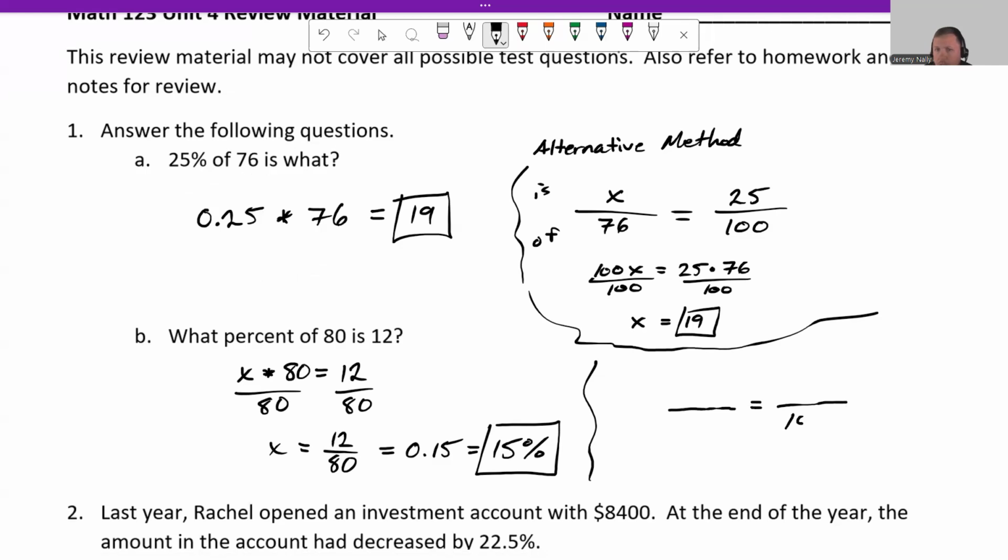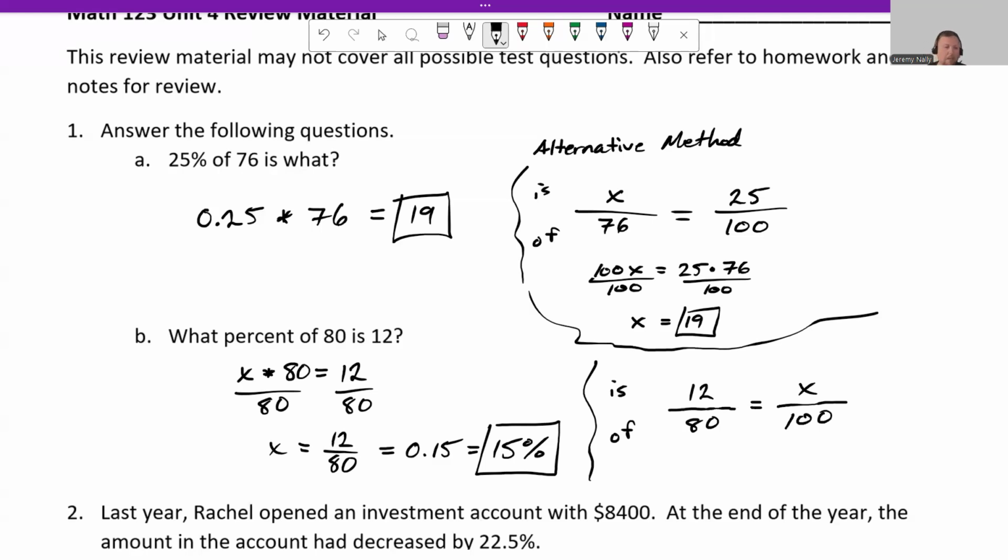So for part B, if I set it up that way, my unknown is the percent. So what percent? I don't know. Let's call it X. Of 80 is 12. So is over of. So of 80 is 12. And you don't have to think about it as is over of.